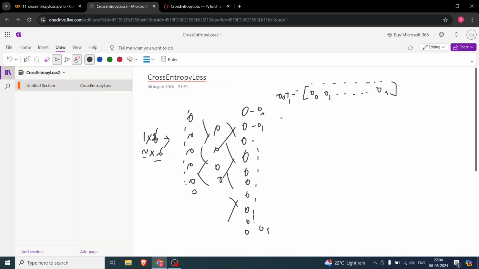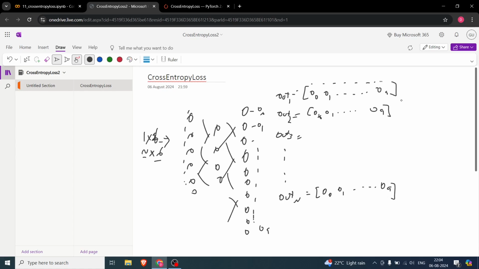Obviously for one example you will have one output of the last layer, so for n you will have n outputs: out of 1, out of 2, out of 3, up to out of n. Each of these outs will again have O0, O1 up to O9, and the last one is also going to have O0, O1 up to O9.